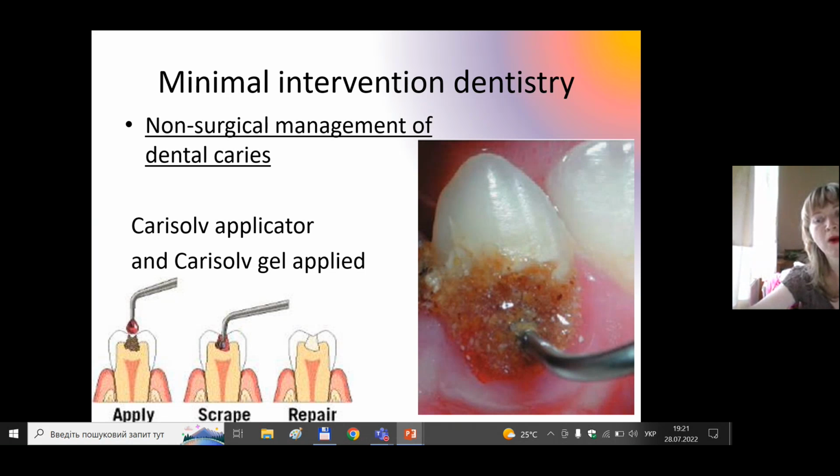Caries Solve gel is some amount of sodium hypochlorite liquid, some sodium hypochlorite gel that dissolves necrotic tissue, and then a special instrument, very similar to an excavator, but a brand name, is used to cut this dissolved necrotic tissue. And after that, restoration with any restorative material, but the most used one is glass ionomer.